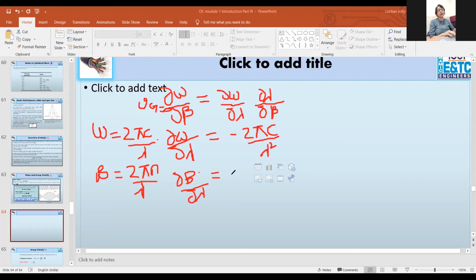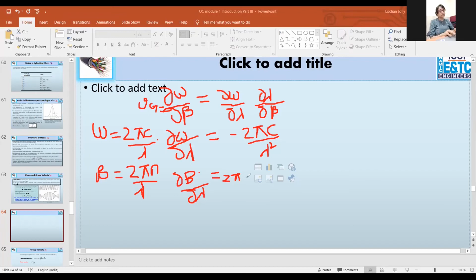So can you write this equation? The first term is taking n and keeping lambda constant, you differentiate with respect to n. Second, taking n constant and differentiating with respect to lambda, the way you used to do normally. बताइए क्या होगा ये? It will be 2 pi by lambda.